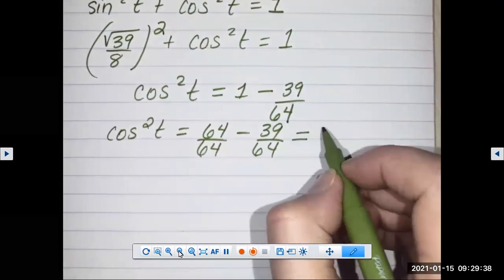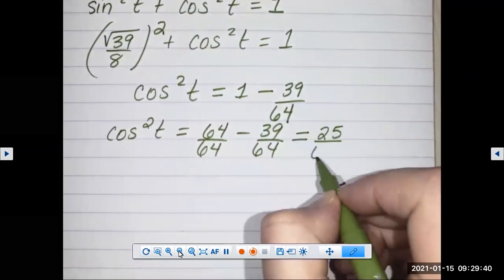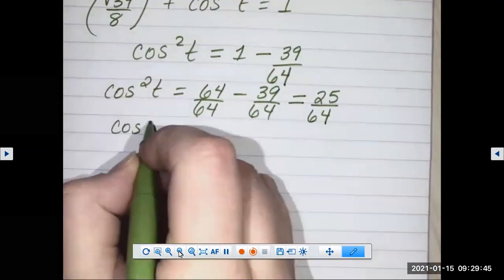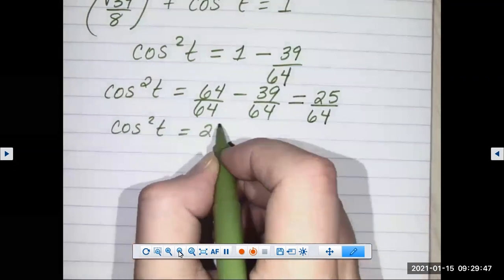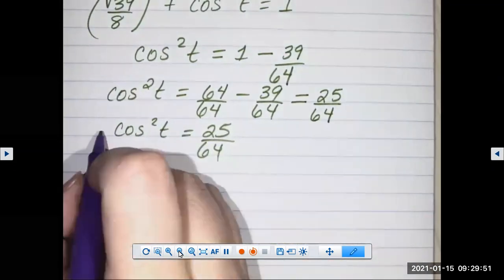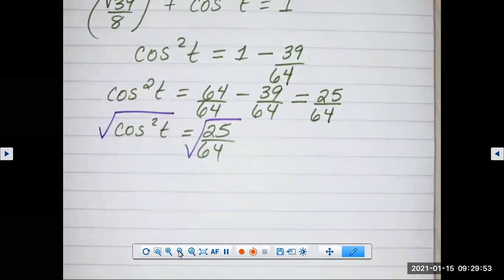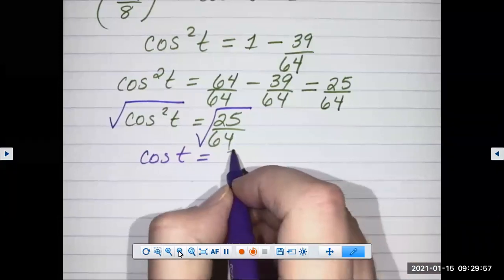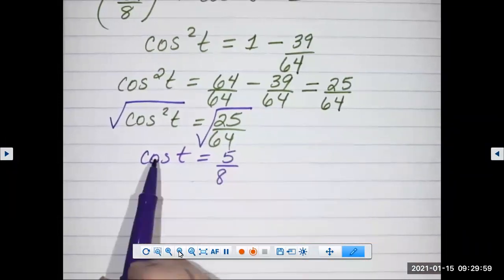And this will give you 25 over 64. Now, how would you just get cosine of t? Tell me what your last step is. Good. So you square root both sides, and you're left with cosine t equals 5/8.